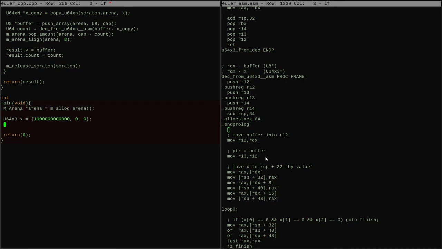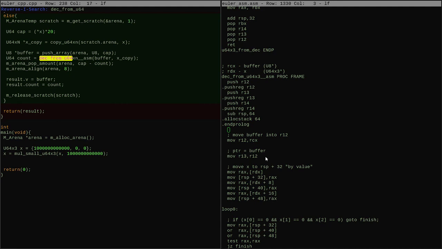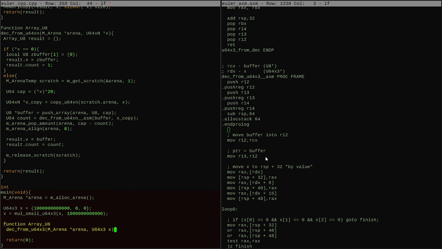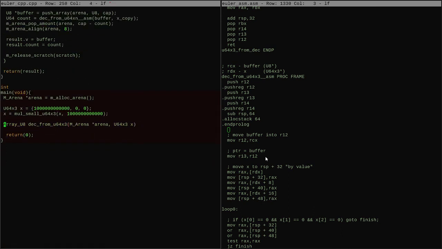Let's do mul small, so that should give us a number with 24 zeros. And then dec from U64 by 3 gives us the decimal representation of x.